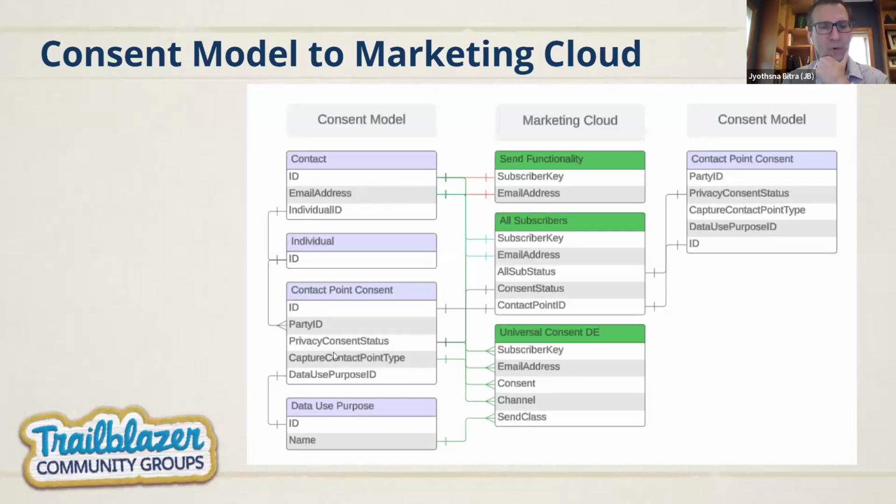And then to understand what the status is, we'll be using the privacy consent status on the consent model. That's what we'll use as a comparison to All Subscribers to determine how we should be updating the All Subscribers status.